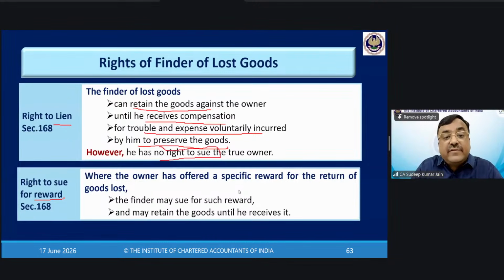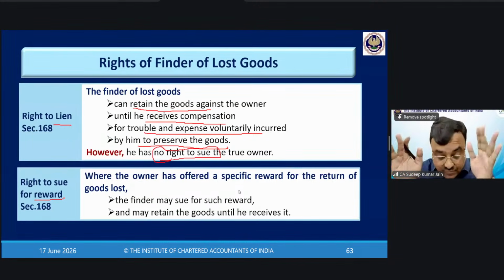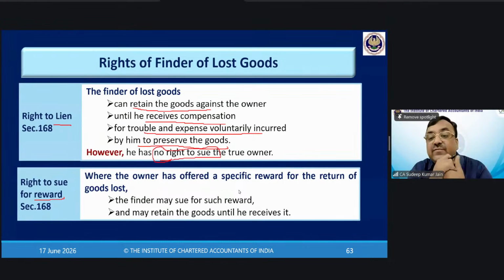Means if the finder of lost goods, please listen, has incurred some expenses to preserve the goods, he can retain the goods for payment, but he cannot file a suit for claiming those expenses.